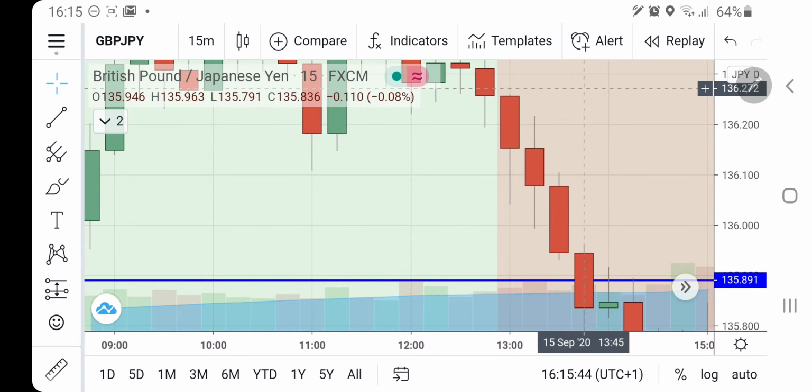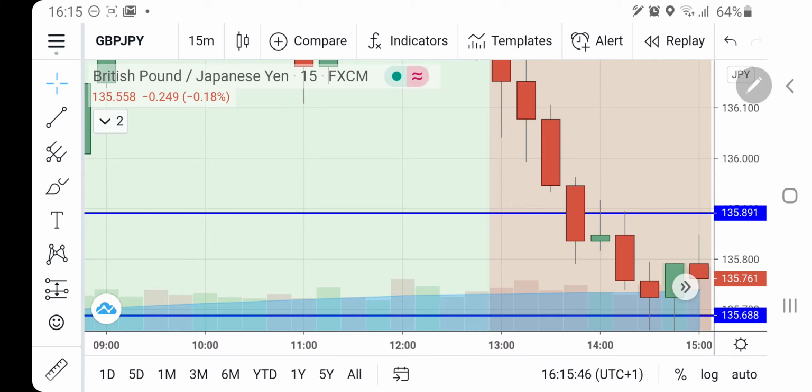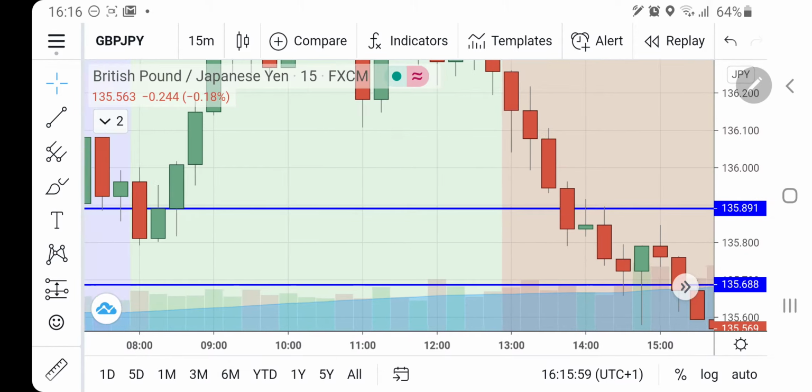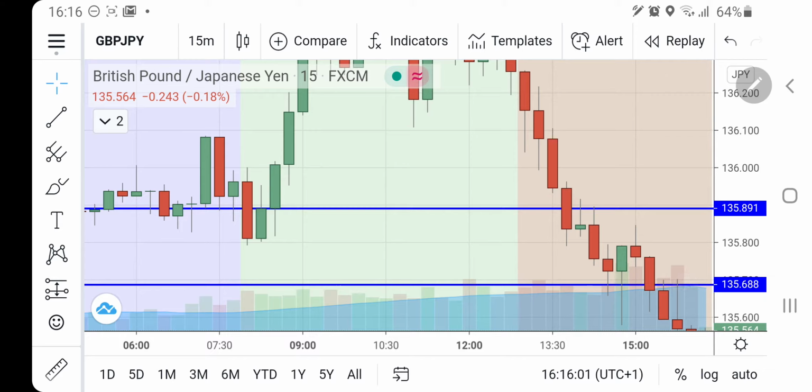Okay, next, it was traded on my real account. So let's go back to my real account. Let me zoom out this. We have breached this support here.